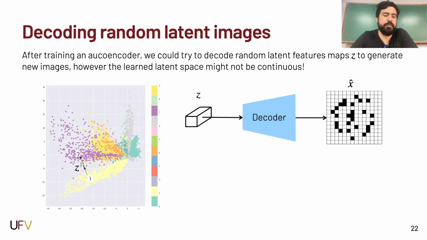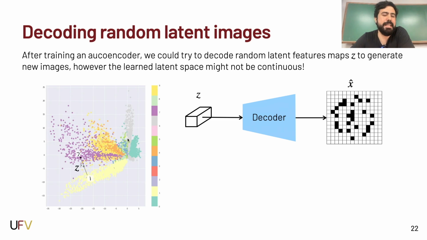What would happen if you try to get this point in the middle of them and use it as a Z? There's no point in there. I haven't seen any point in that space from my data set. So the decoder would give me garbage, because this space is not even defined. The model hasn't seen anything in this area.